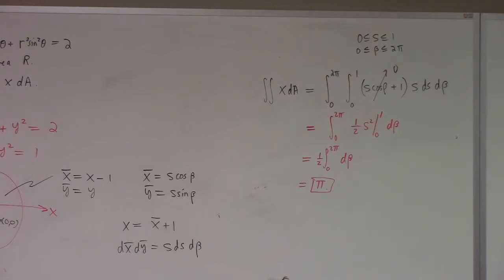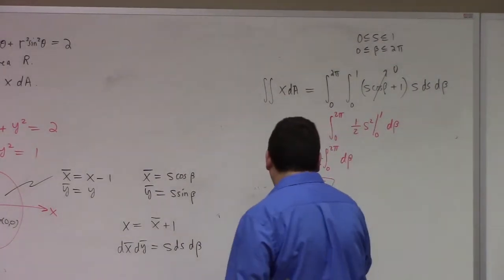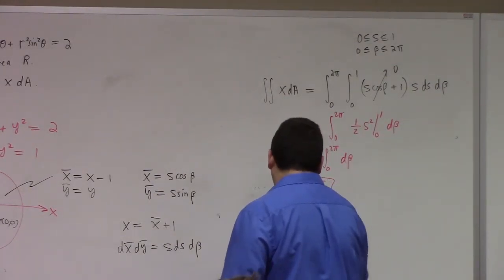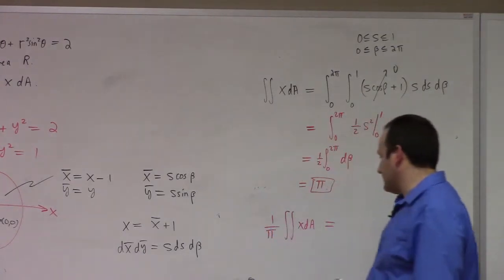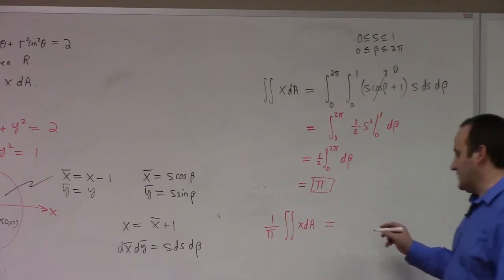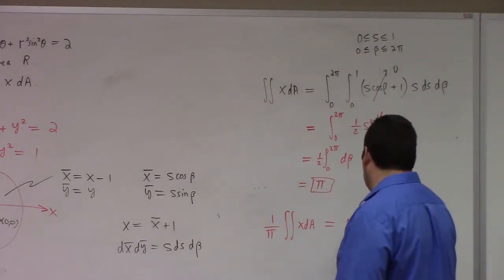If I take this answer and I divide by pi, what's its significance? Well, it's equal to 1 for one thing, right? But what is it equal to also?